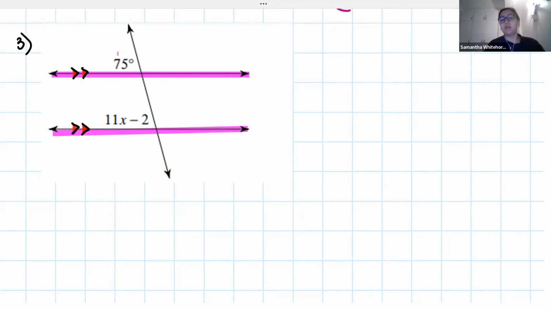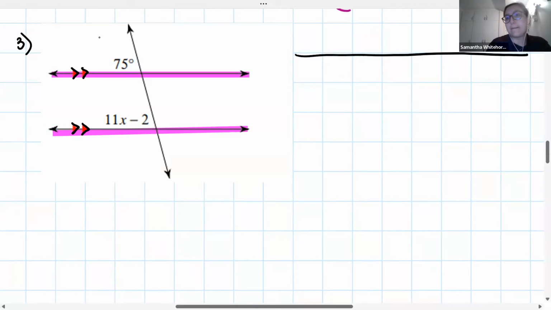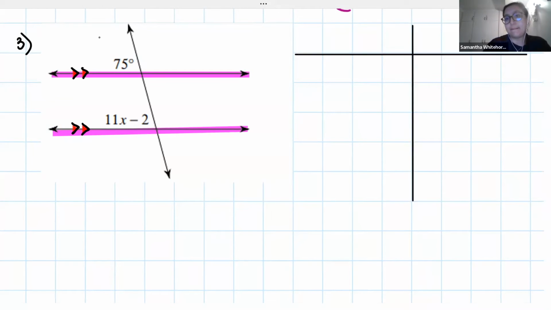So give me an answer for X here. I want to know what the value of X is. Let's see what we get. Remember your reasons.